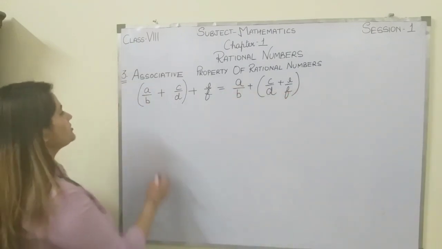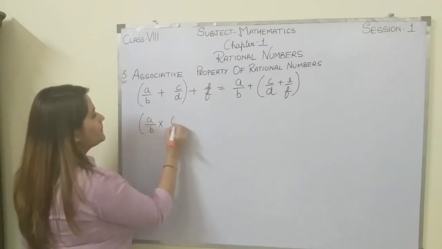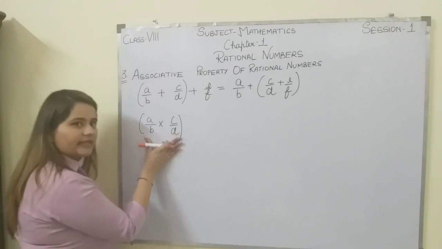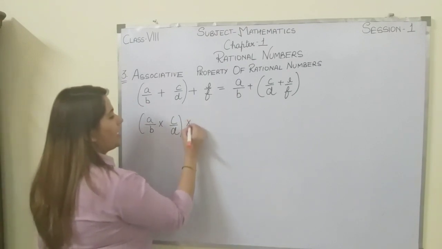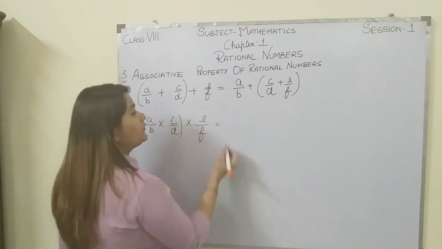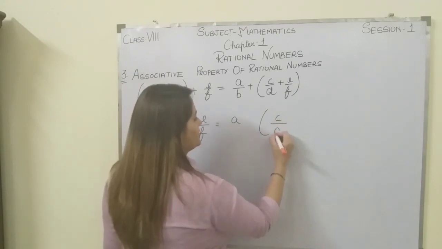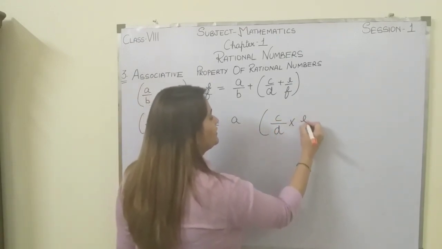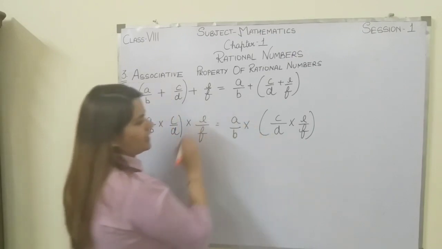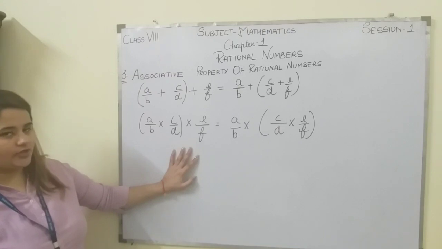This property holds true in the case of addition as well as in multiplication. That means if I multiply first and the second rational number and its answer with the third one, it will be the same if I multiply the second and the third rational number and its answer with the first rational number. So this is the associative property of a rational number.